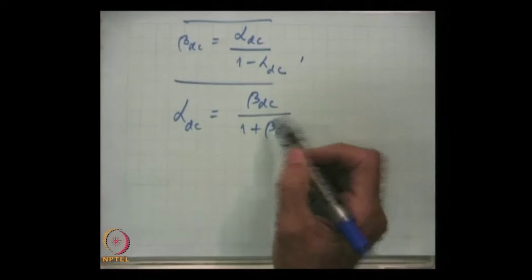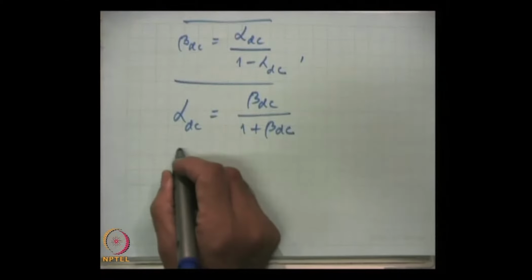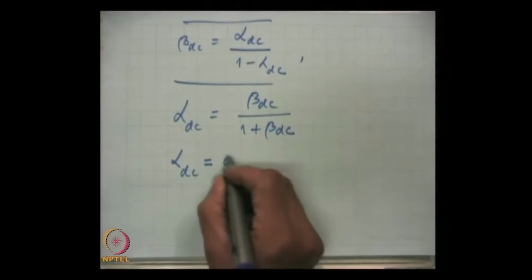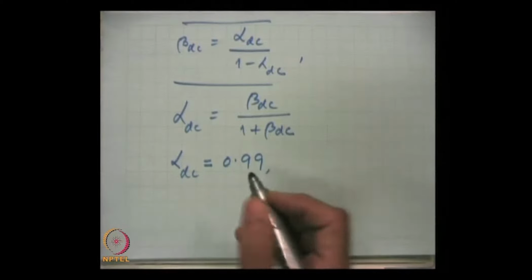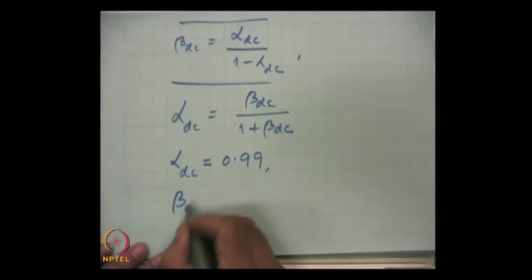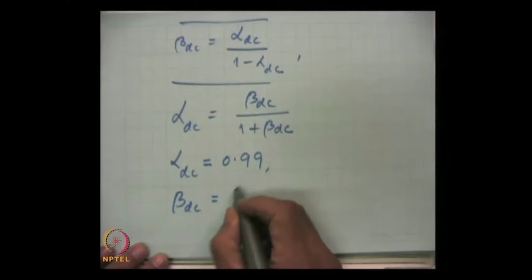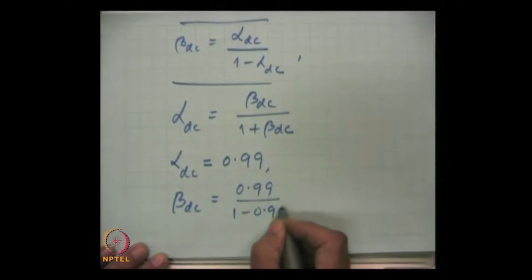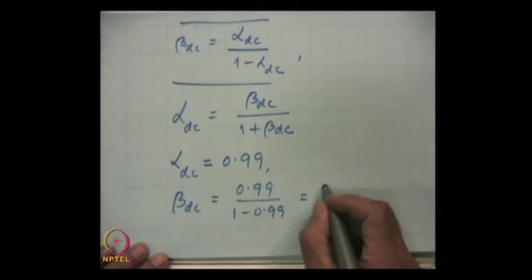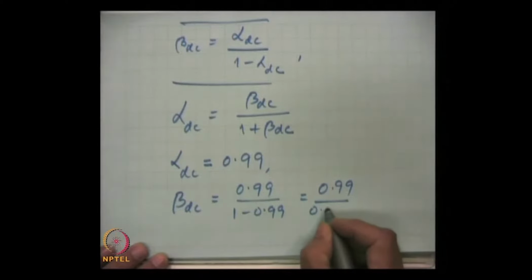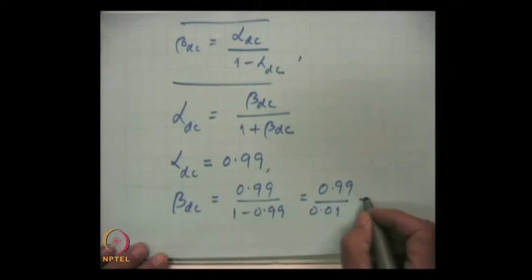For example, if alpha DC has a value of 0.99, then using this equation we can get beta DC equal to 0.99 by 1 minus 0.99, which is equal to 0.99 by 0.01, which is 99.